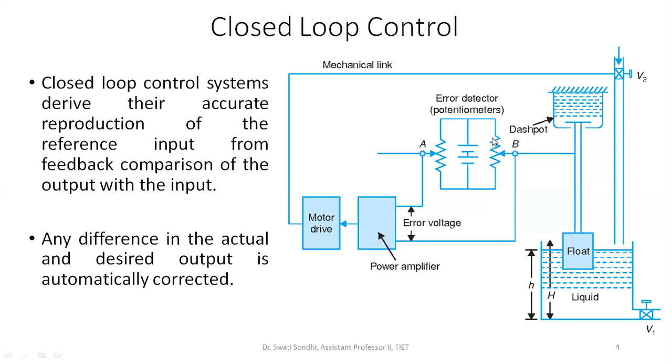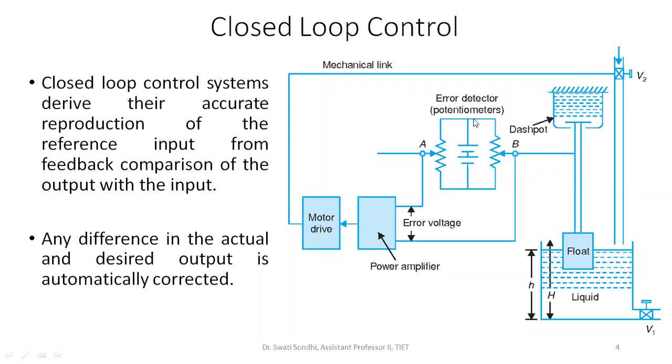The concept is that this zigzag symbol is a resistive element, and this tap, the arrow that you see, at whatever point you put it, that much resistance from one side will be counted in the circuit, and the rest will be eliminated from the circuit.